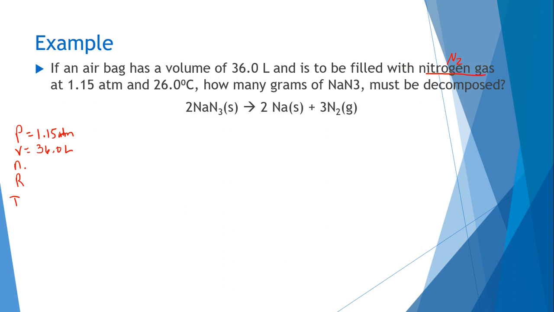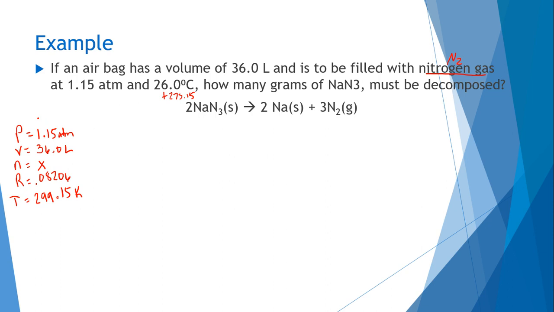Our number of moles we do not know, because the problem does not give us anything. Our R constant is always the same, 0.08206. Our temperature is given to us in degrees Celsius, so we need to add 273.15, and we should get 299.15 Kelvin.